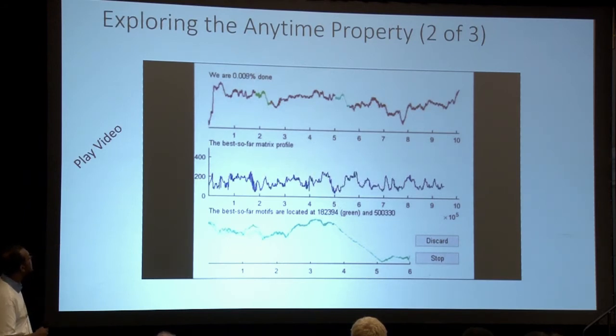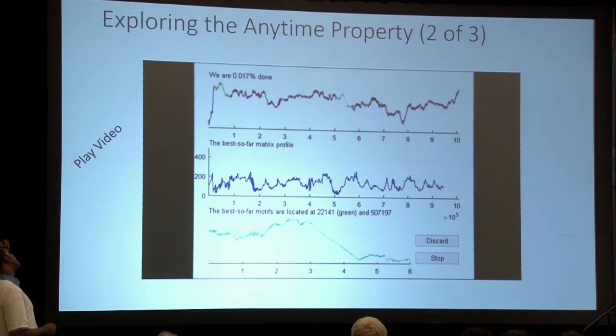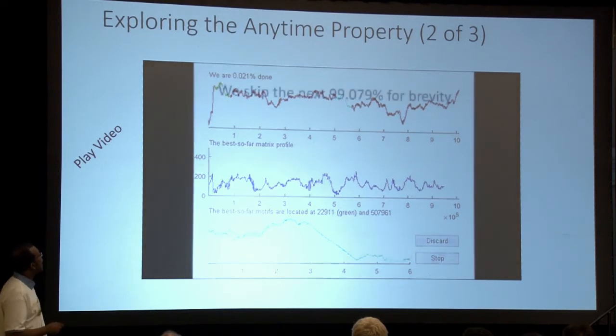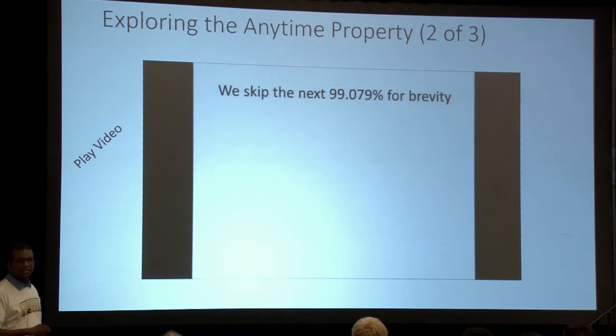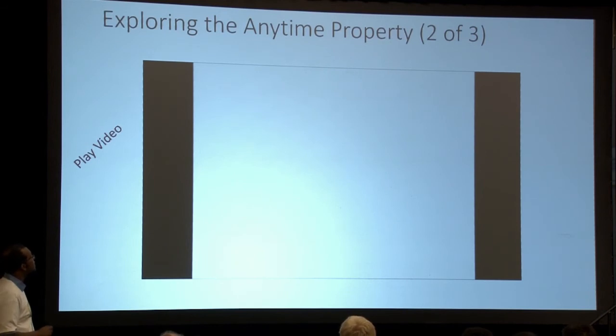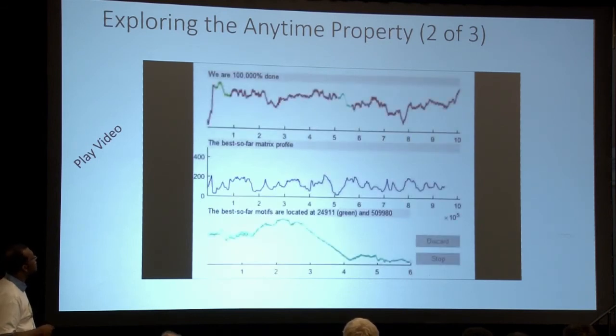And once we hit, say, 0.2%, we can stop, and we will show the final answer. So it goes down and down and down. We find the best motif. And we skip the next 99.08% of the calculation, and this is the final output.